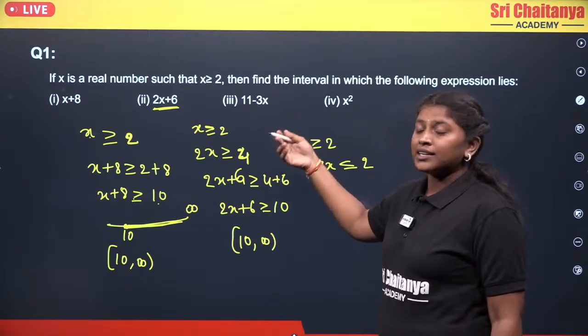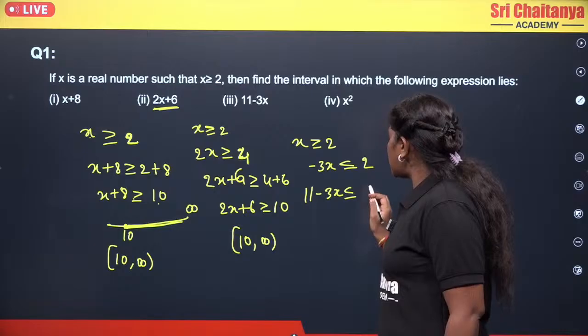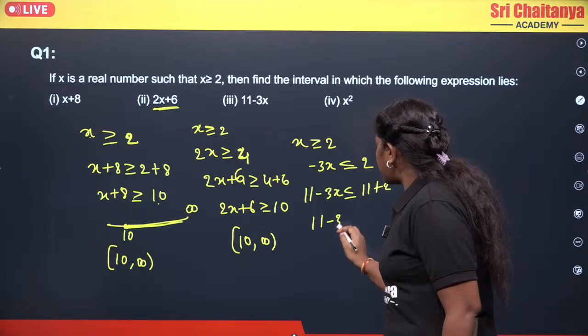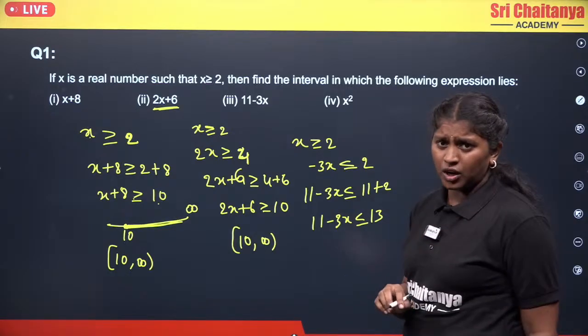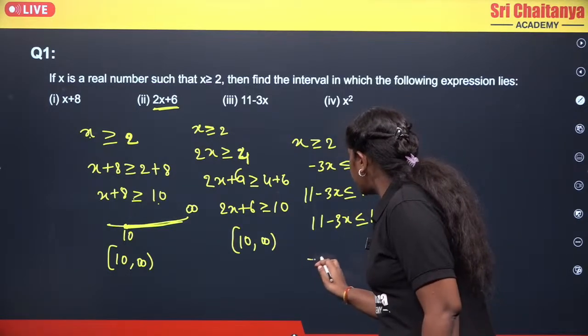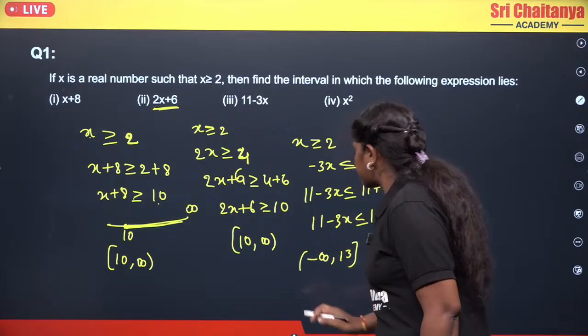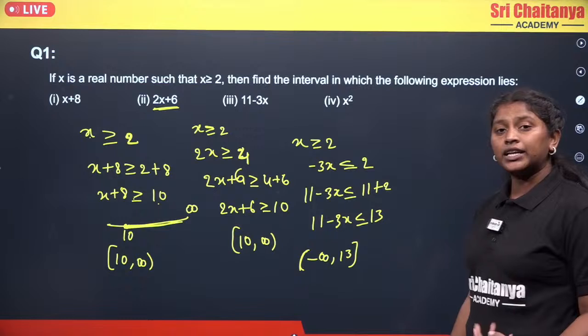Once again we need to add 11. So 11 minus 3x is less than or equal to 11 plus 2... that becomes 11 minus 3x less than or equal to 13. So here it becomes minus infinity comma 13. This is how we give the intervals for the inequalities.